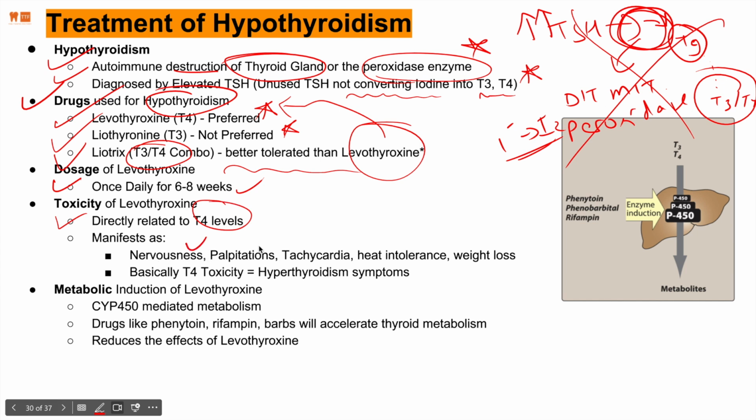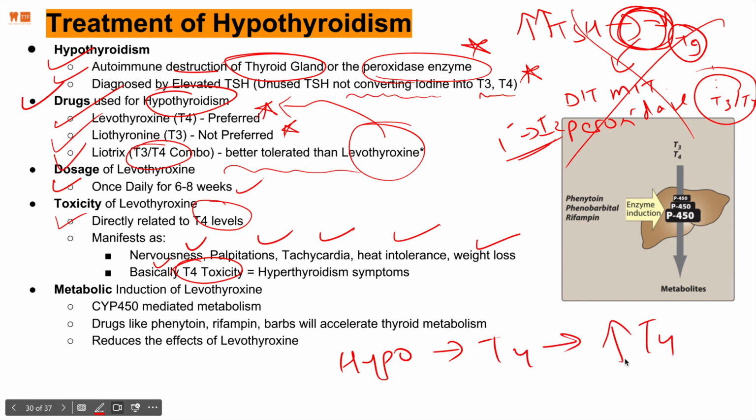It is nervousness, palpitations, tachycardia, heat intolerance, weight loss, basically T4 toxicity. So what is this trying to say? Is that when there's hypothyroidism, we offer T4, and if T4 rises so much that there's toxicity, what will that look like? Hyper.